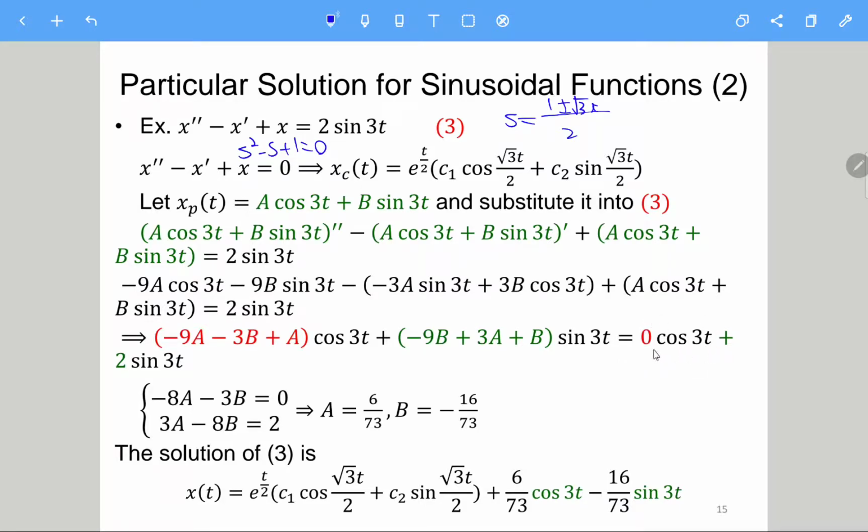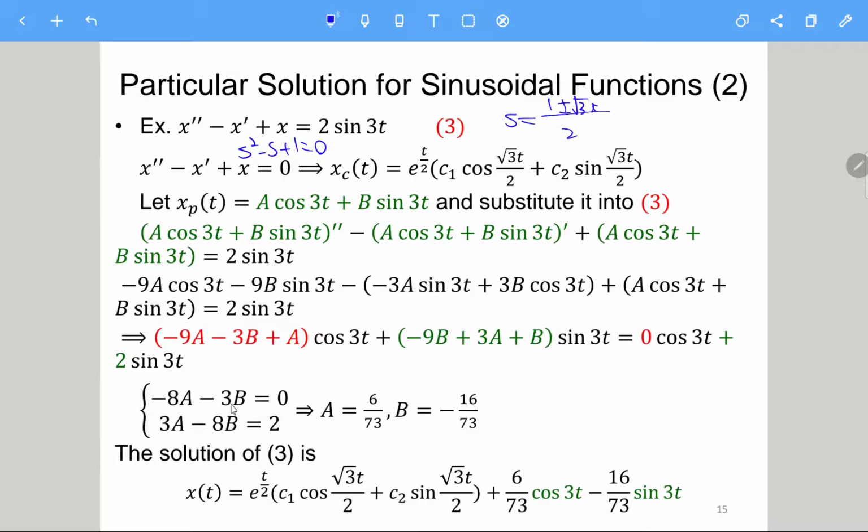This equals 0 times cosine 3t, because we don't have cosine 3t here, so we just make it 0 cosine 3t, plus 2 times sine of 3t. So in this case, the bracket in red color equals 0, and the bracket with green color equals 2.